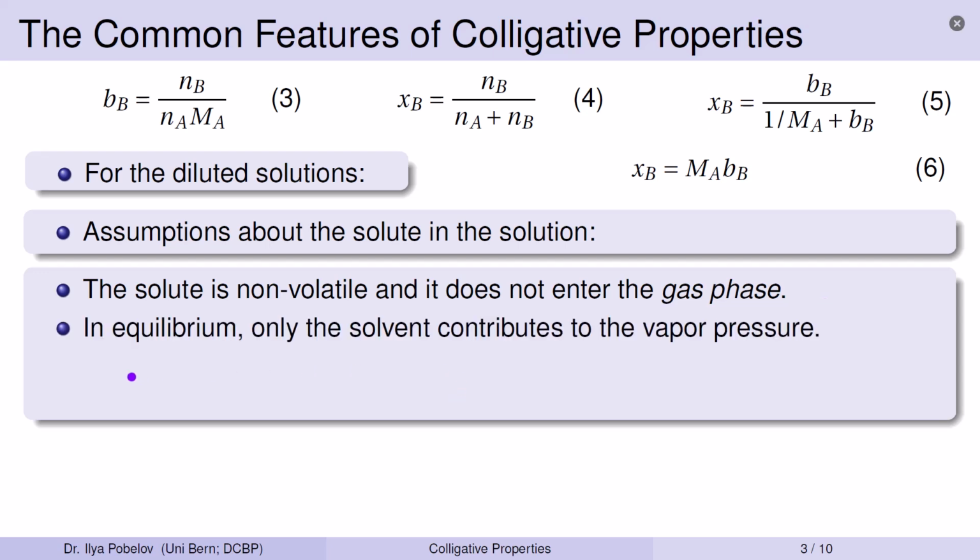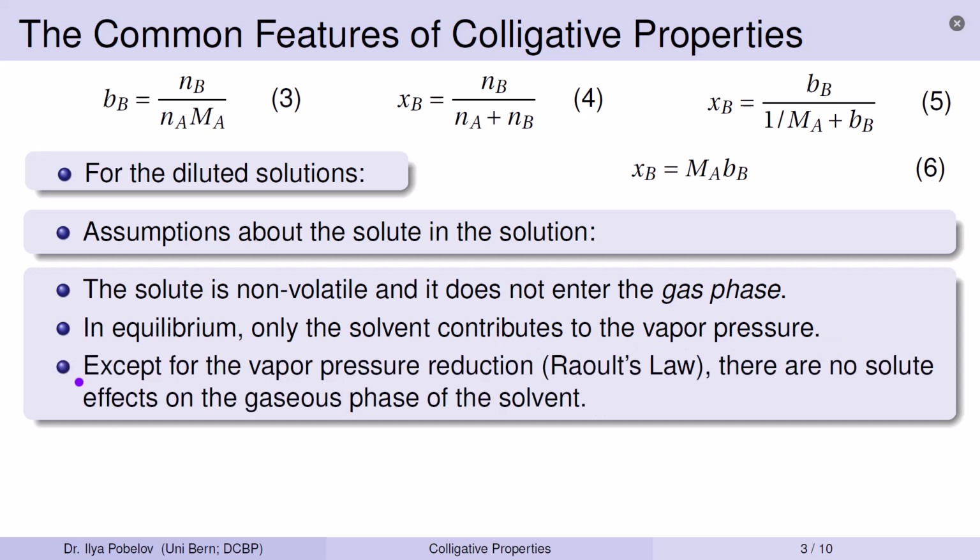This is crucial as it ensures that when the solution is in equilibrium with its vapor, only the solvent contributes to the vapor pressure. Except for the vapor pressure reduction as described by Raoult's law, there are no solute effects on the gaseous phase of the solvent.